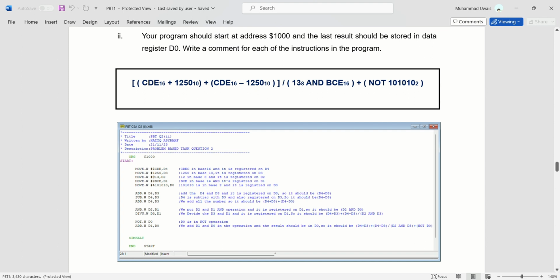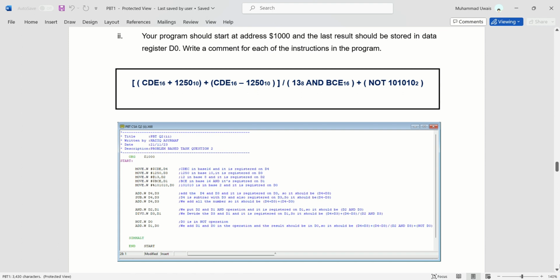origin $1000 start move.w #$CDE D4. CDE in base 16 is registered on D4. move.w #1250 D3. 1250 in base 10 is registered on D3. move.w #@13 D2. 13 in base 8 is registered on D2. move.w #$BCE D1.